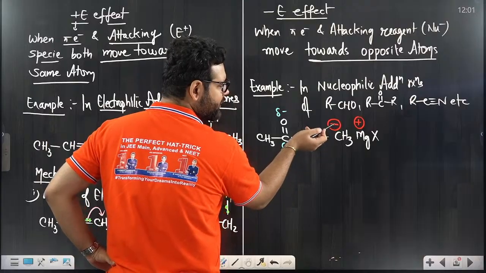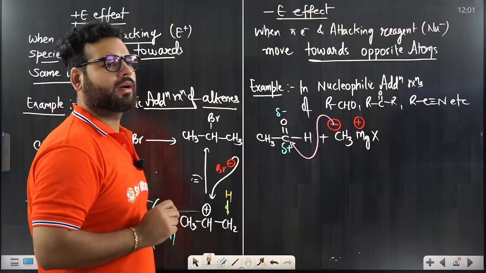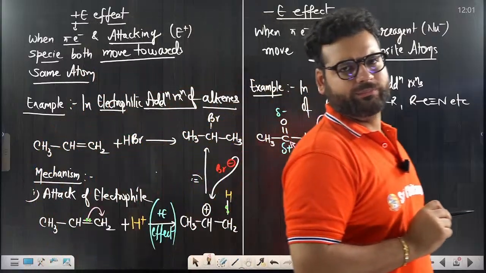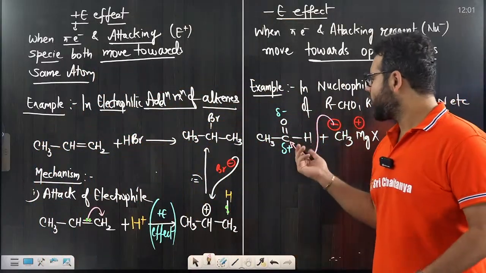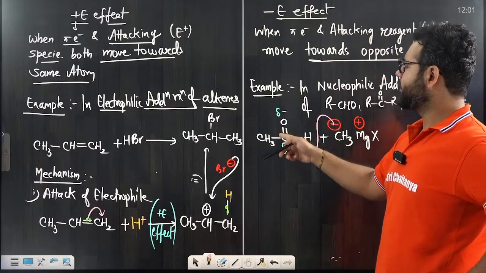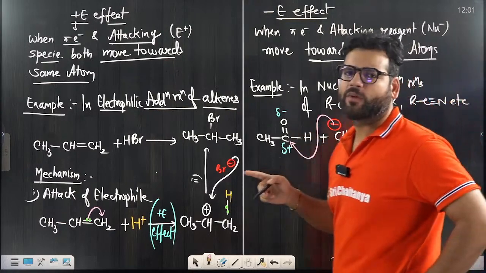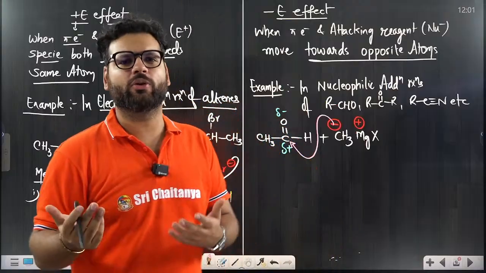So this CH3 minus comes and attacks the carbon. Now obviously you know carbon cannot make 5 bonds. Carbon already had 1, 2, 3, 4 bonds. If this CH3 attacks here, carbon cannot make 5 bonds. So one bond of carbon it has to let go.